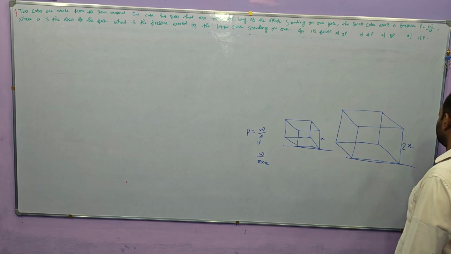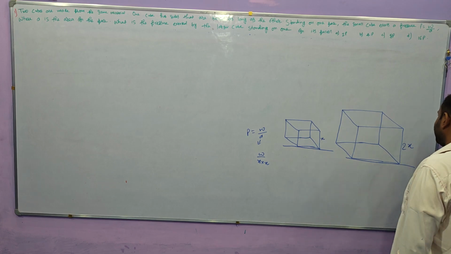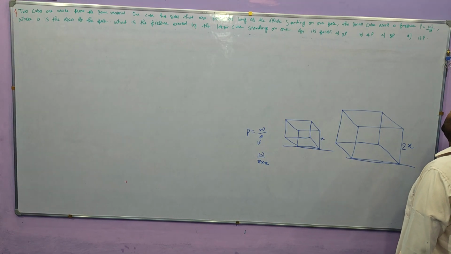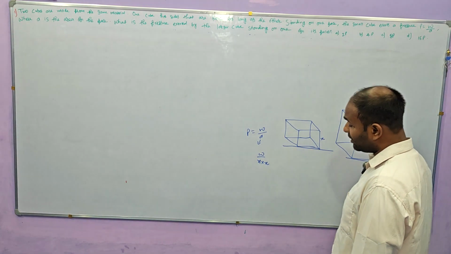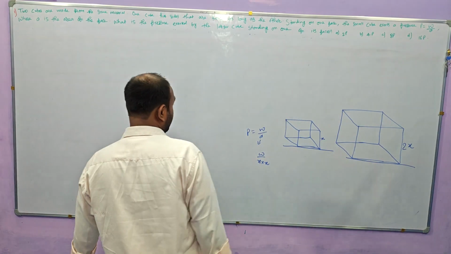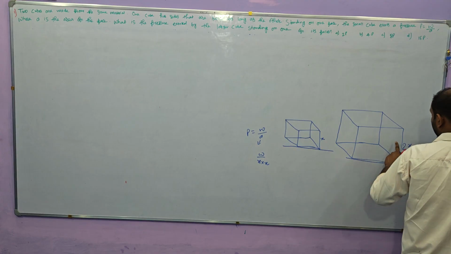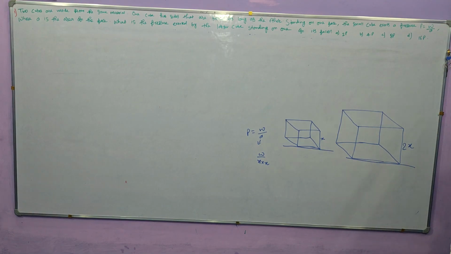And we have another cube of length 2x. Now we need to find out the pressure, and we know we have a cube which is twice of another cube.